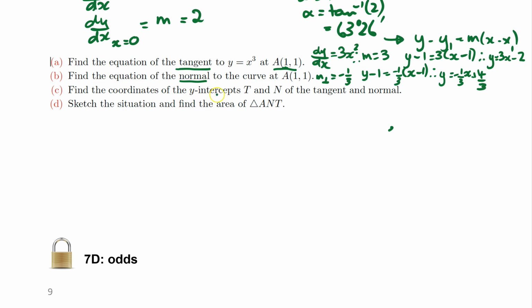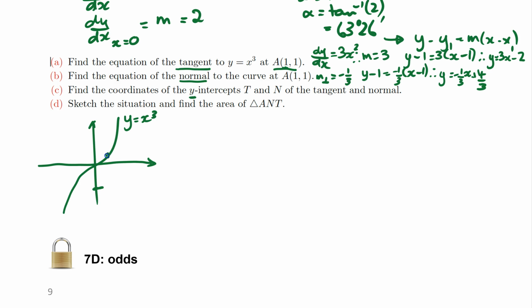Part C, find the coordinates of the y-intercepts T and N of the tangent and the normal. And then part D, sketch the situation and find the area of the triangle. So I'm going to start doing both of those together. If we look at our sketch, I'm just trying to make it a little bit tidier, then y equals x cubed will look like that. And our tangent is going to intersect the axis at minus 2 down here.